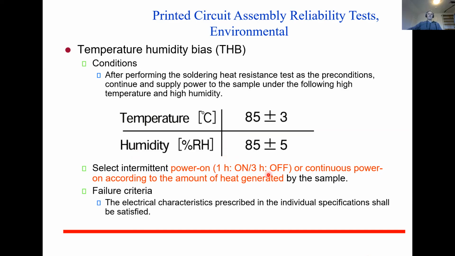Because if you have high power losses, it means that locally the temperature is increased. What that means is that locally the relative humidity is decreased, even though the absolute humidity stays the same. And then that might cause you to not see the real effects if you have continuous power on.